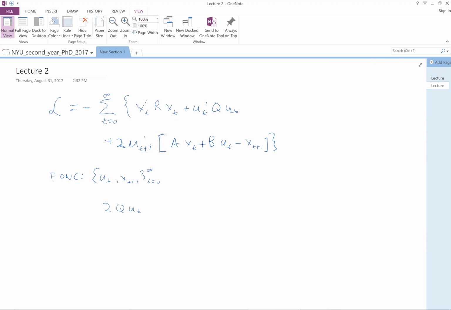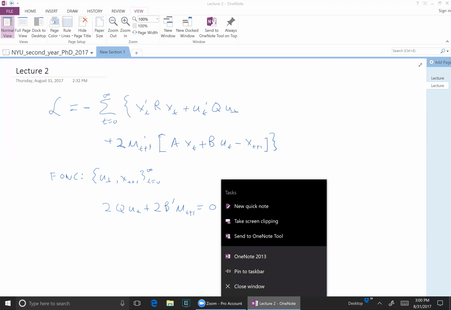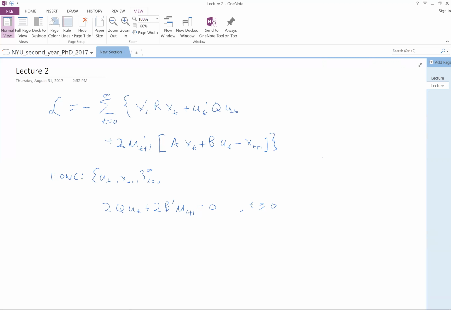two q. We'll use a linear algebra again. There's a Lagrange multiplier. That's going to be for all t greater than or equal to 0. Then we're going to have, we just got those by taking derivatives.